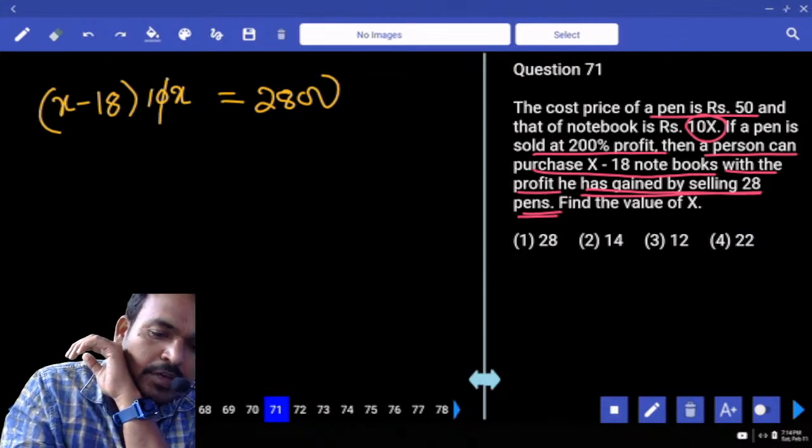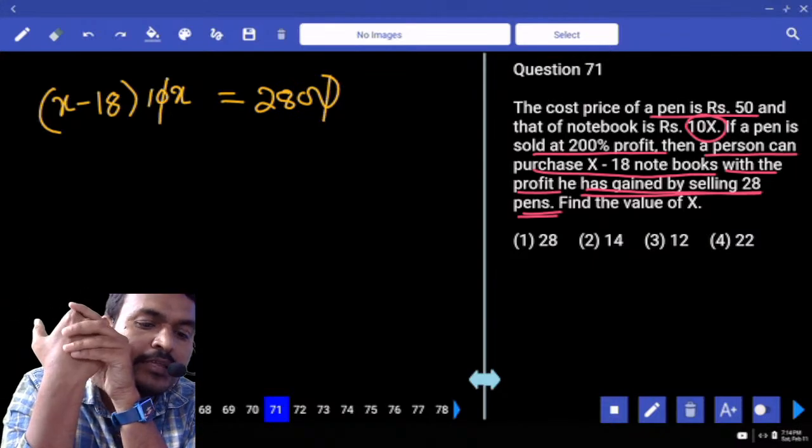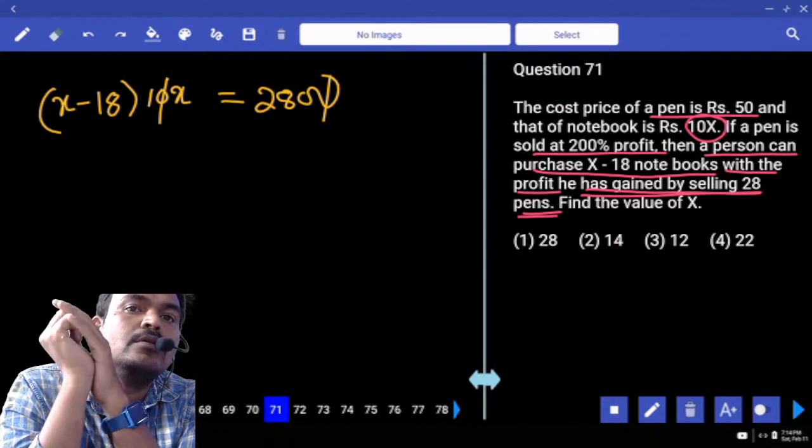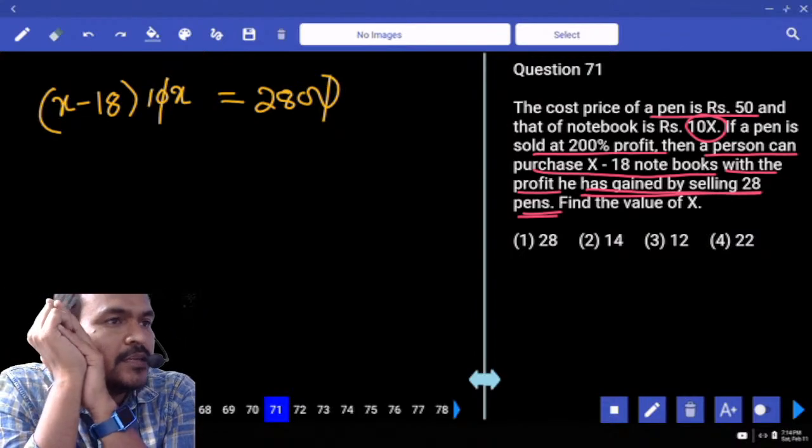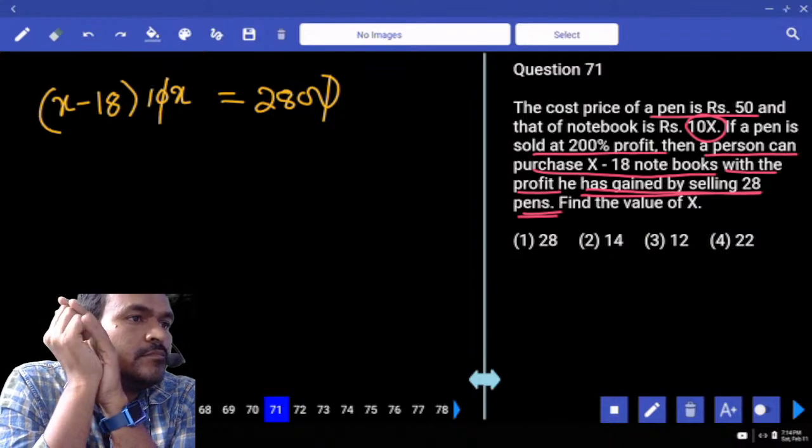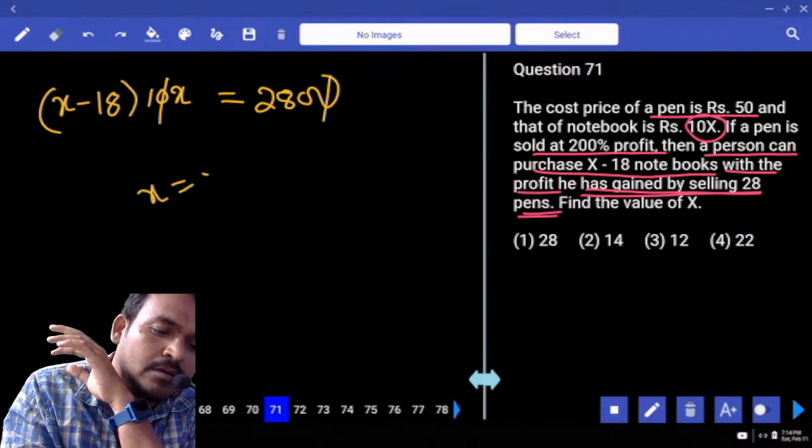Equal. First, 0 and 0 cancel. X minus 18 into x is equal to how much? 280. 280 means it is 28 into 10. Then x must be 28.